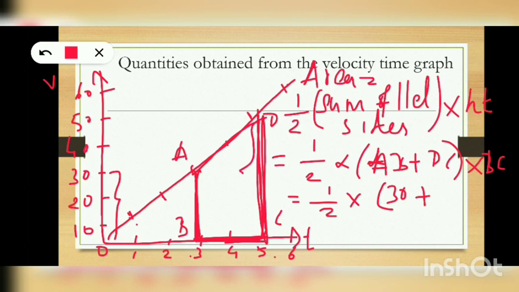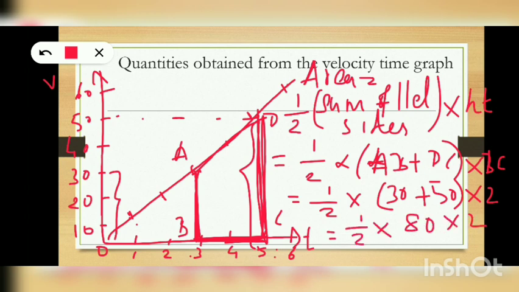What is DC? This is DC. DC is 50 into BC. What is BC? BC is 5 minus 3, that means 2. Equal to half into 50 plus 30, which is 80, into 2. The 2 and 2 get cancelled, then you will get 80. So this is the area of the whole trapezium ABCD.